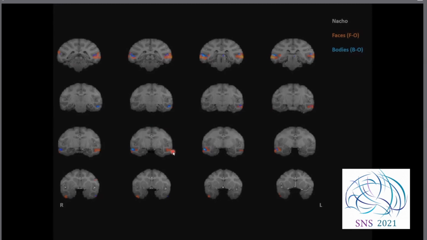In blue, you see body-related activity. And you see there is some partial overlap, but there is also distinct activation. Also note that the face and the body patches are neighbors of each other. Not always. For instance, here you have a body patch at this particular position, but you don't have a face patch.